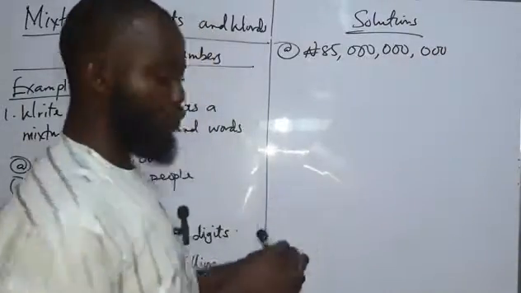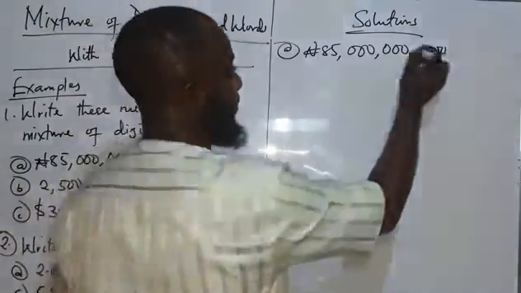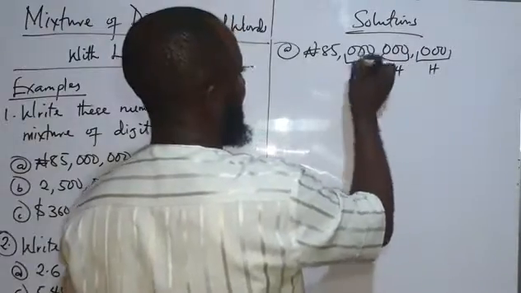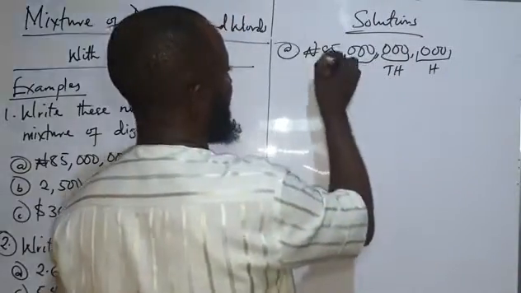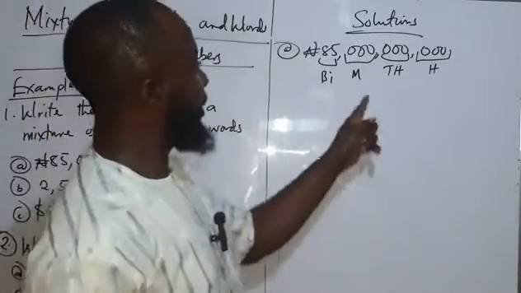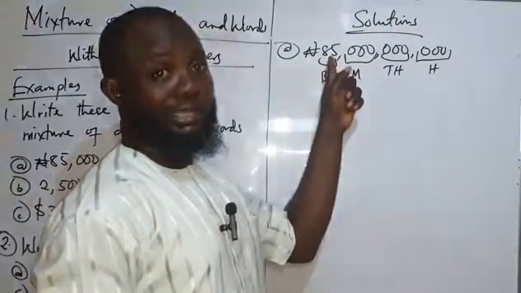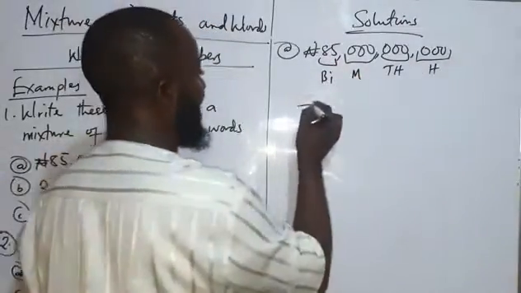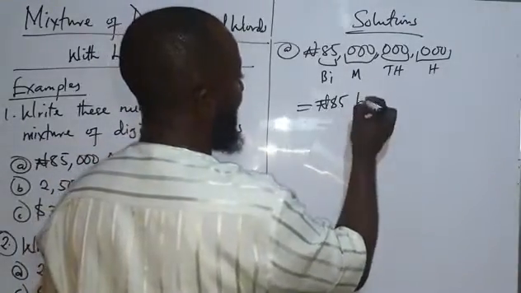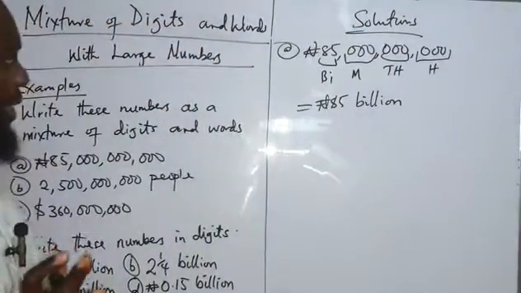The first thing you need to do is to identify this is 100, right? This is 100,000 and this is what? Million, and this is what? Billion. Since you notice that million, thousand, hundred, all of them are zeros, and the billion is the only one that has what? 85. So what you're going to write, the answer will just be 85 billion naira. So that's all. 85 billion naira. I believe that is very clear.